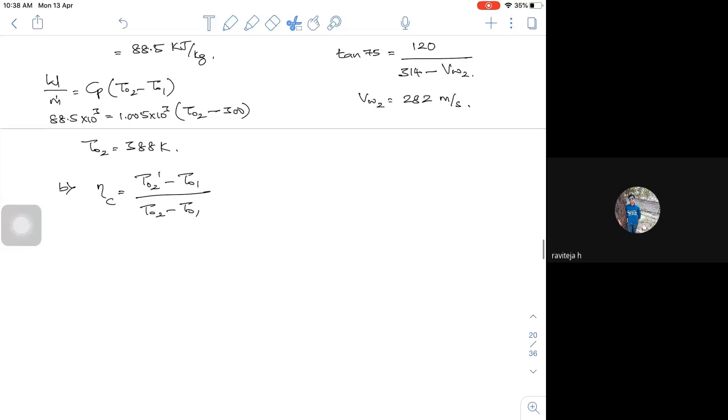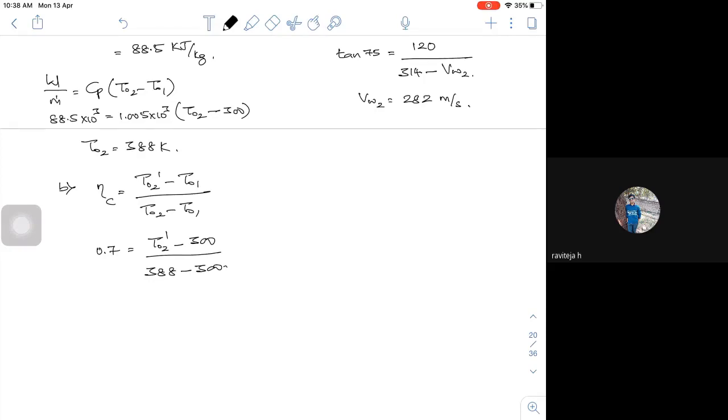So 0.7 is equal to (T02 dash minus T01) divided by (T02 minus T01), where T01 is given as an input, 300 Kelvin, and T02 is 388 minus 300. Doing the calculation, 0.7 into 88, so T02 dash will be 300 plus 0.7 into 88.